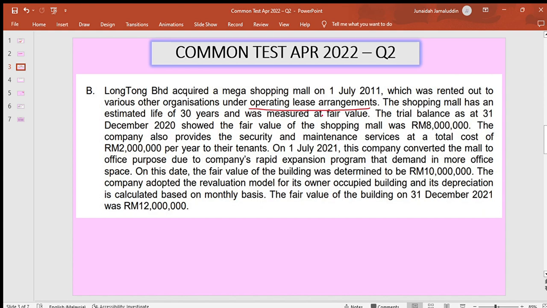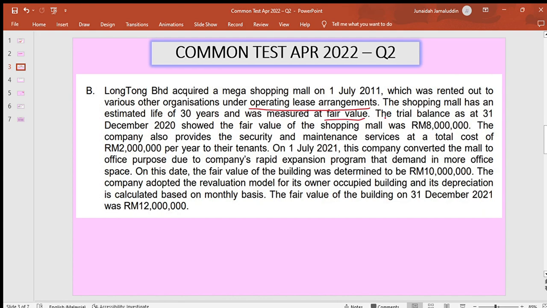So we can say that the company adopts fair value model for this property. Since the property is rented out under operating lease, that means the property should be classified as an investment property, and also the company adopts fair value model for the property.